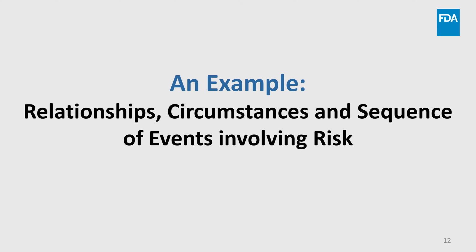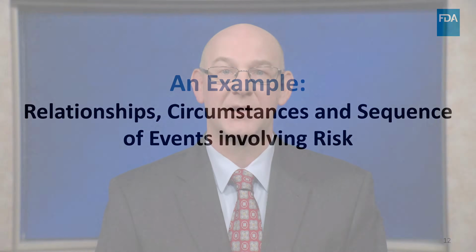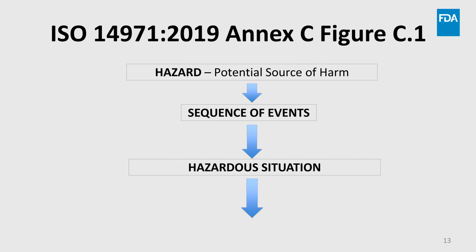Now I'll use a generic, universal example to show the relationships, circumstances, and sequence of events for looking at risk. You will recognize many of the terms we just reviewed. The words highlighted in black and sequence of events on the slide come directly from the 2019 ISO 14971 Risk Management Standard, Annex C, Figure C1.